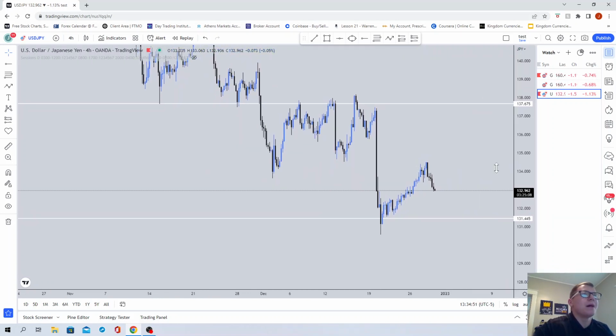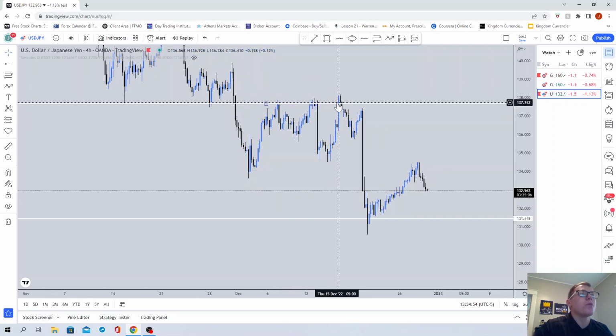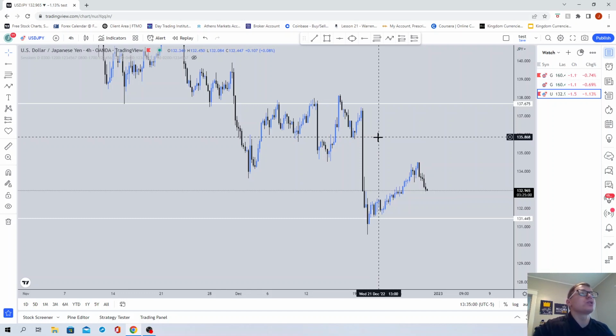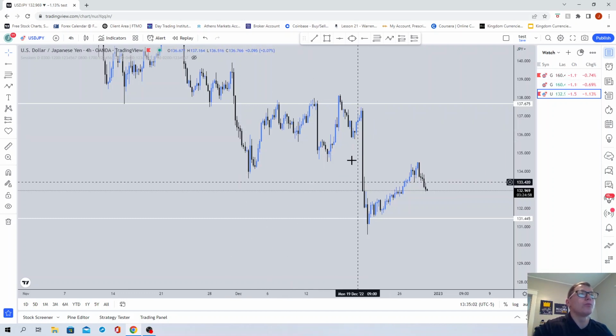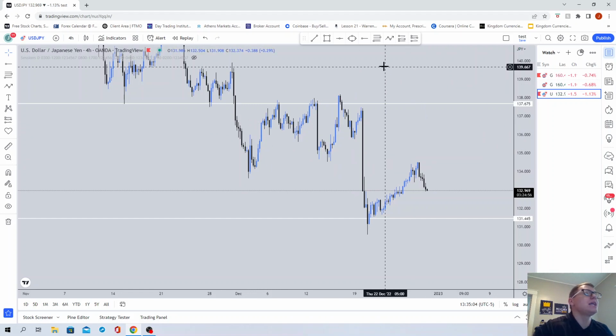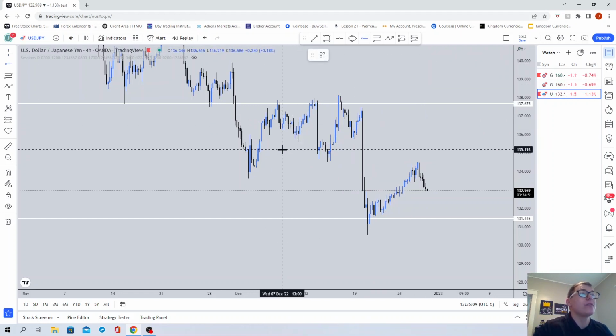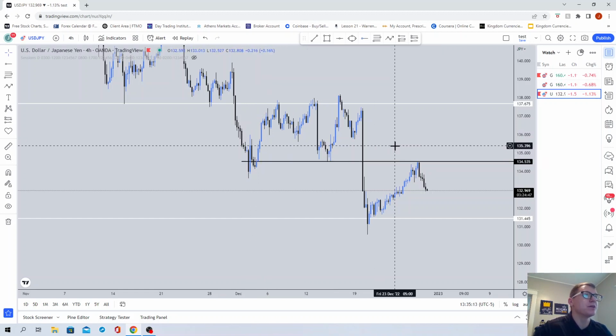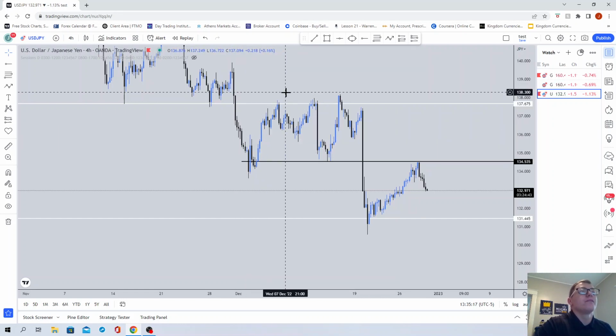Now, when I'm marking minor levels, it's the same philosophy as marking major levels. But I'm not marking levels just to be like, oh shit, that looks cool, it's got a couple rejections. I'm marking a minor level on the 4-hour if it actually needs to be marked, if I'm actually seeing big time rejections. Now I would mark this as a minor level because as you can see, price held here as support, flew up.